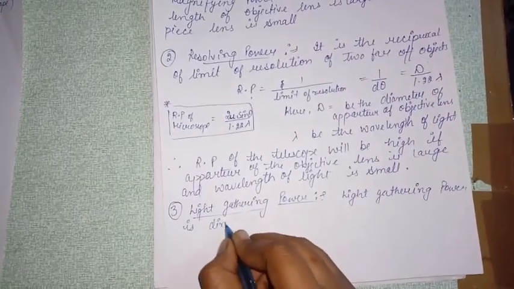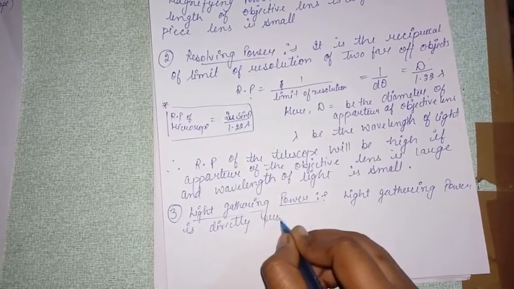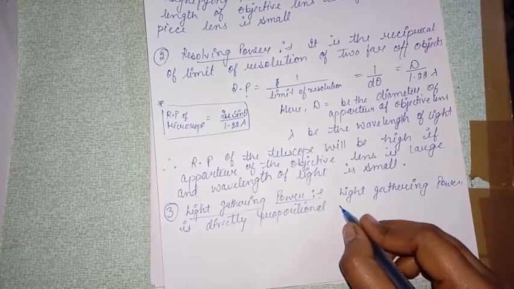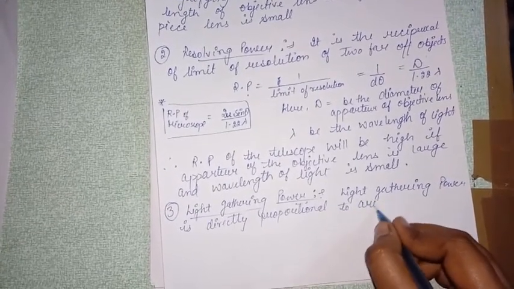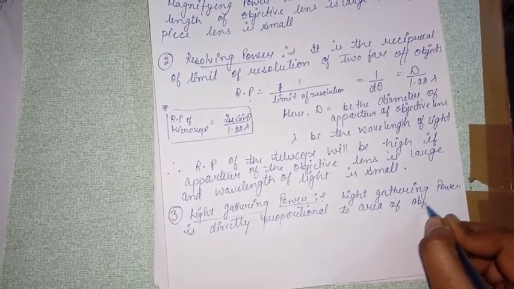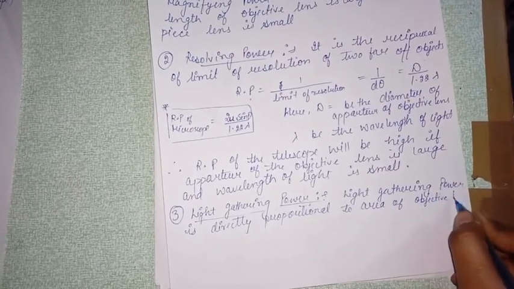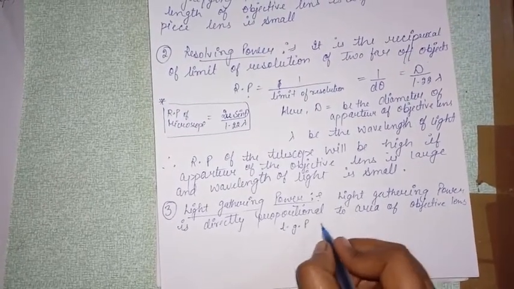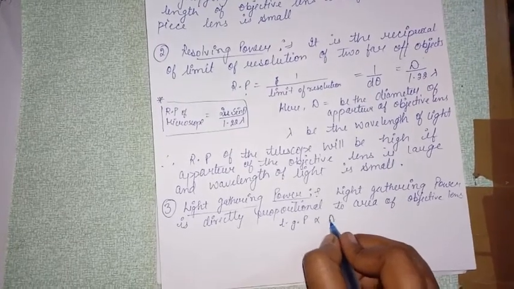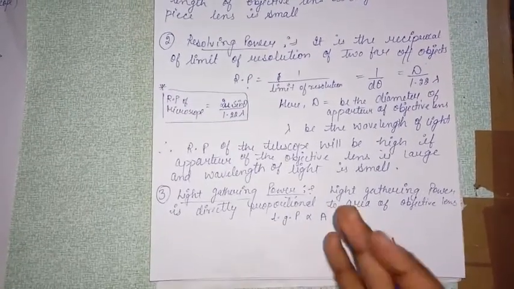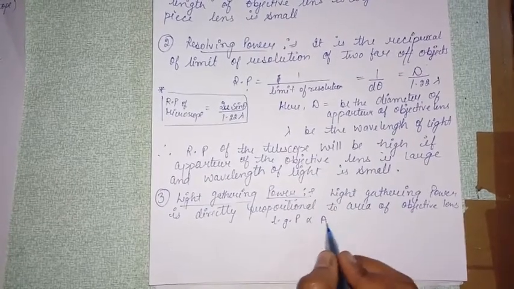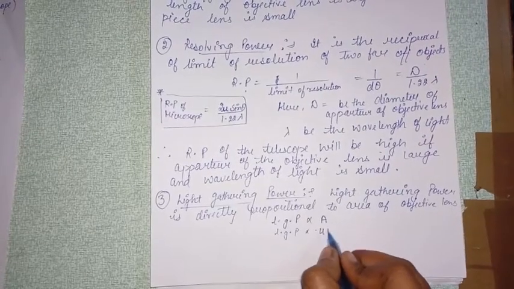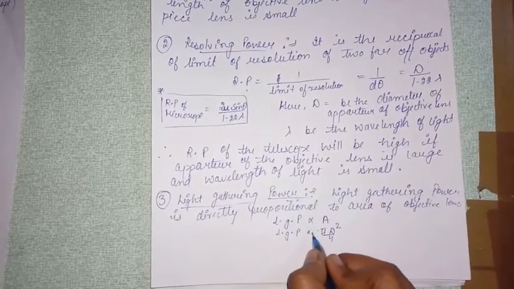So directly proportional to area, and the area of a lens is pi d squared by 4.